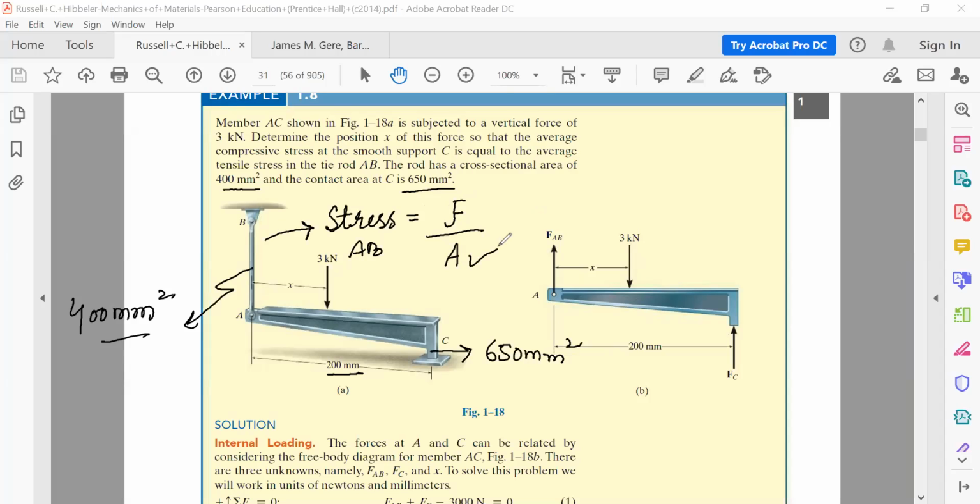The area of rod AB is given to us, but we don't know how much force is acting in rod AB. So first we calculate the force in rod AB, and dividing it by the area of rod AB, we will be able to calculate the stress in rod AB.